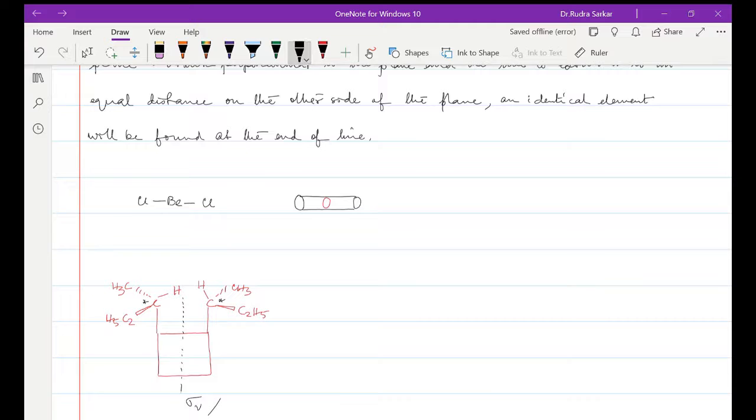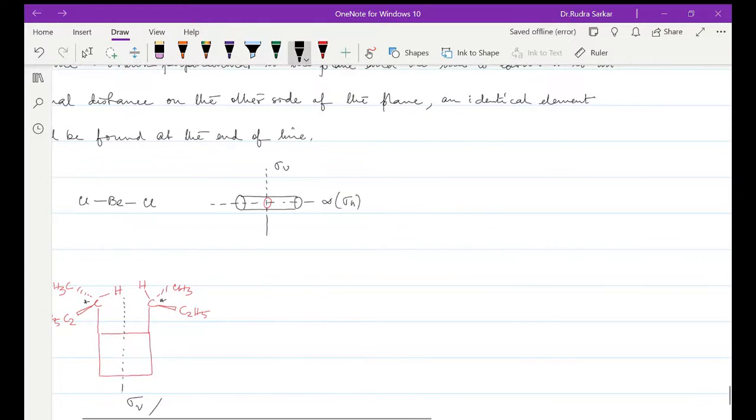So one can think that there is a plane of symmetry passing vertically like that, and there will be an infinite number of horizontal planes of symmetry that would be dividing this symmetrical cylinder into two equal halves infinite times. So we will say it has an infinite number of sigma h, and there is only one sigma v.